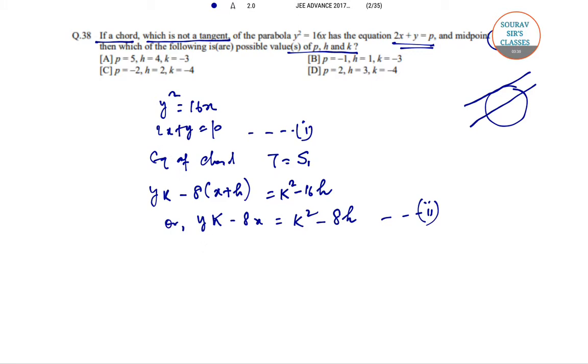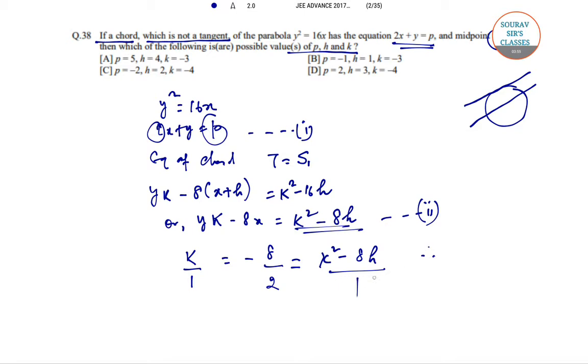So this has 2k by 1, and this is minus 8 by 2, and that is k square minus 8h, and that is here p. So simply we can see that k we can solve as minus 4, and k square minus 8h equal to minus 4p. Putting that value, we will get 2h minus p equal to 4.